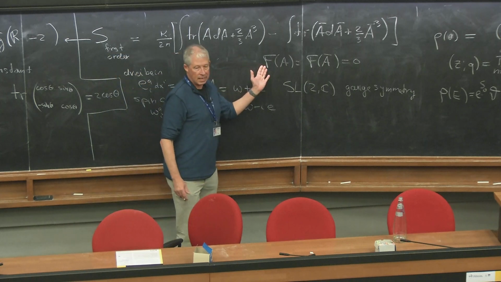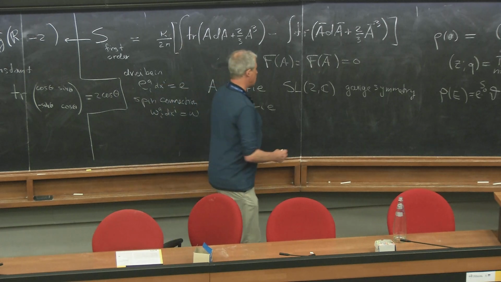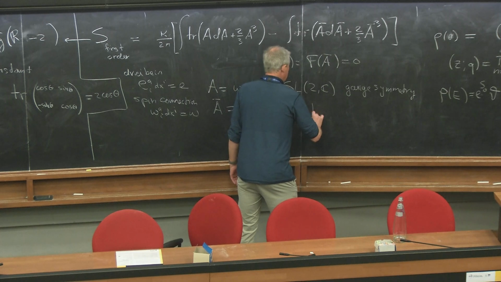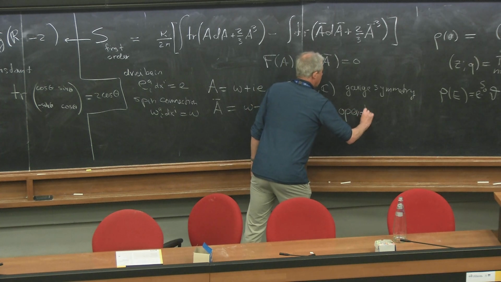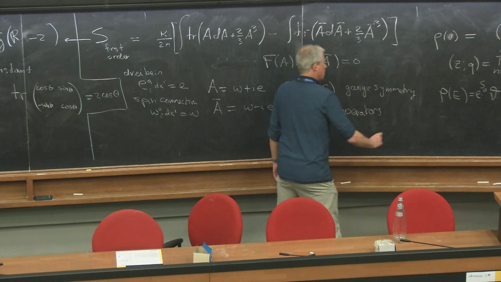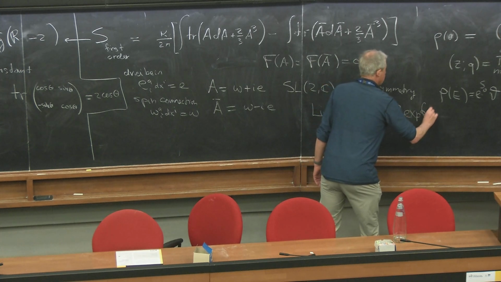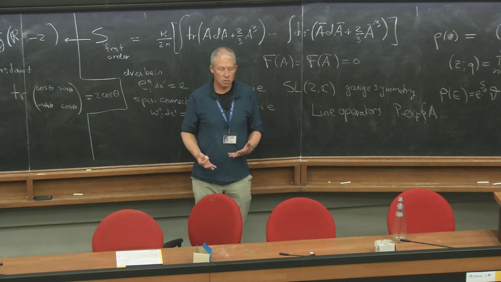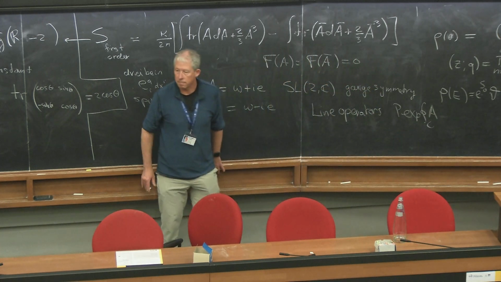The only thing that can happen is that if you have non-trivial topology, then your observables are going to be operators that are line operators, which have to be gauge invariant. So they have to be path-ordered exponentials of the gauge field around some appropriately chosen set of loops that reflect the topology of my spacetime.